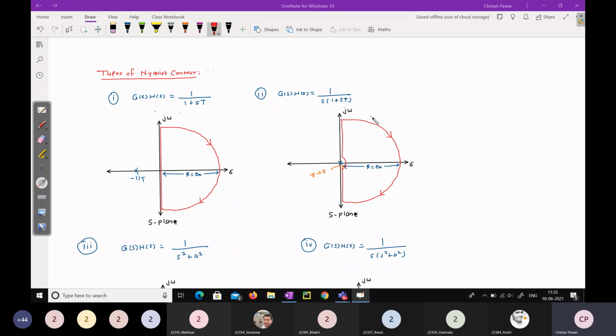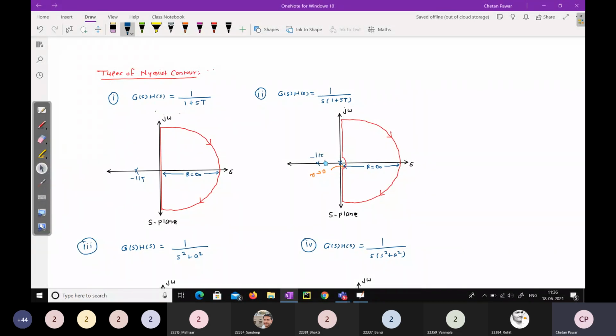Okay, now if you see the second type of Nyquist contour, here this is a second order system. There is one finite pole and one pole at origin. Now while drawing a Nyquist contour, I will just draw the pole locations here.